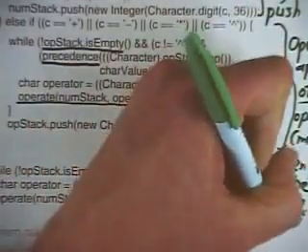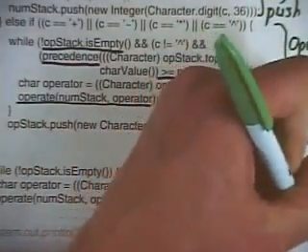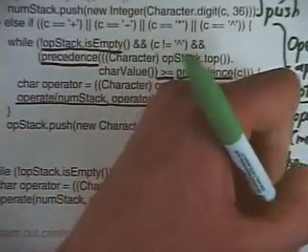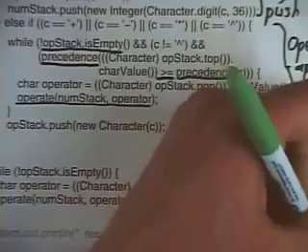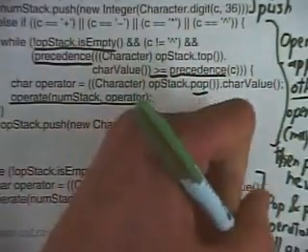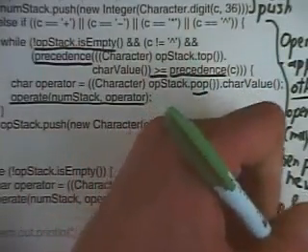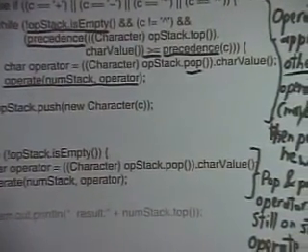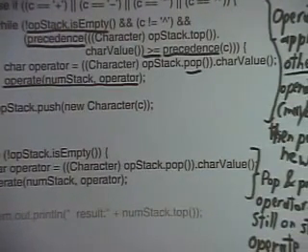So we pop and print the operators that are still on the stack, and we also perform those operations. So, any questions about this marvelous expansive code?